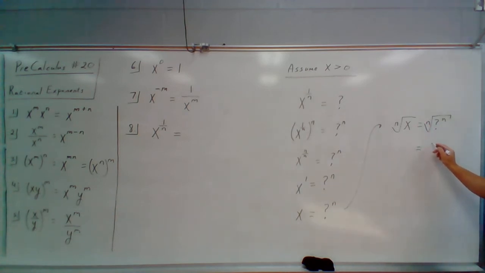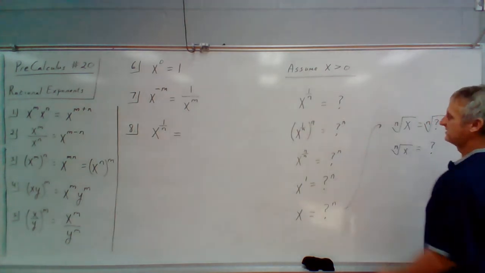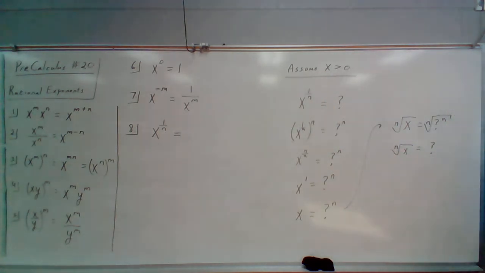Well, that's obviously just question mark. So question mark is equal to the nth root of x. But what was question mark? Question mark was x to the 1 over n. So that means that x to the 1 over n has to equal the nth root of x.